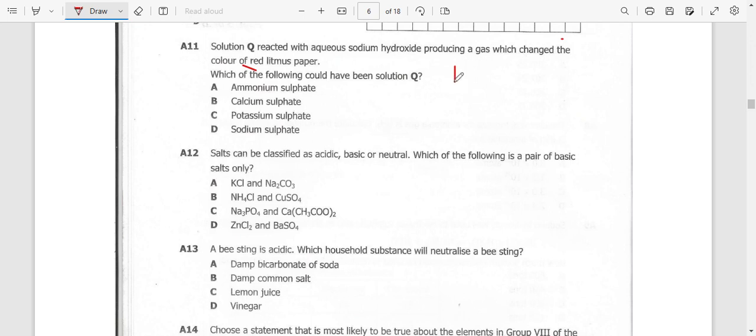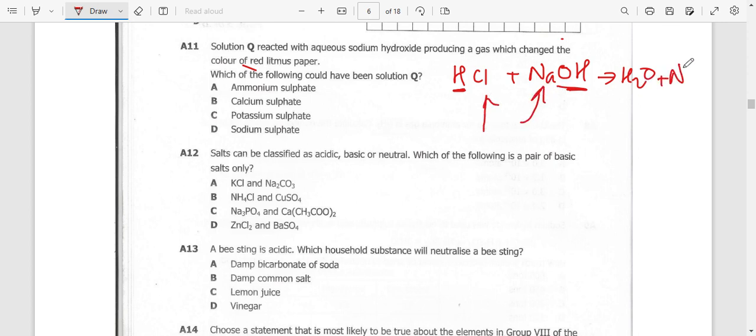Acid has got H. So for example, HCl, this is an acid. And then you have got sodium hydroxide. This is a base. So this hydrogen of the acid will react with the hydroxide of the base to form water. And then the sodium is going to react with the chlorine to form the salt, sodium chloride. Actually, the salt you use, table salt, is sodium chloride. So this is an acid-base reaction.